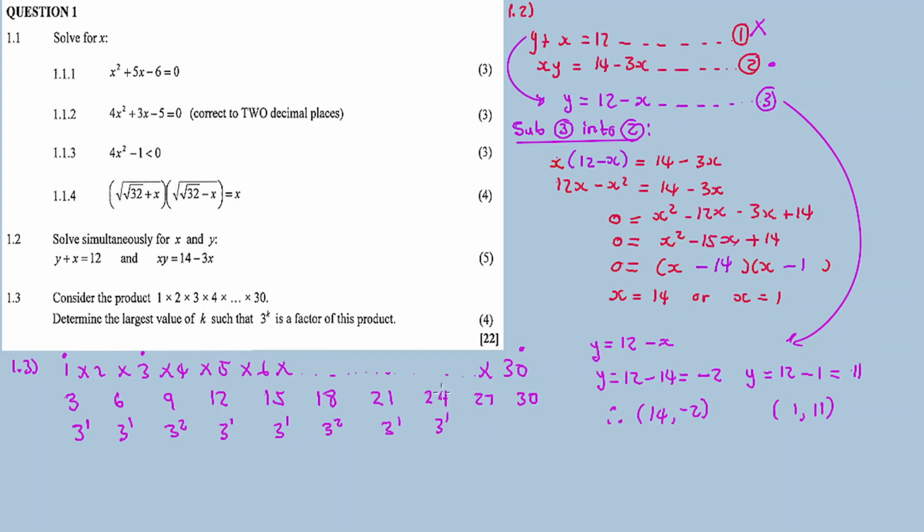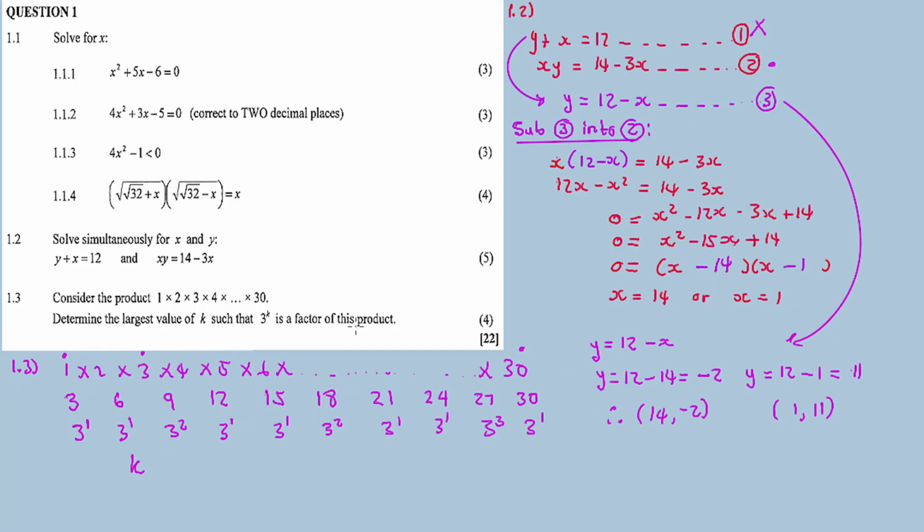And then 27, that's 3 raised to exponent 3. 30 is 3 times 10, so it's 3 to the 1. Therefore, we want the largest value of k such that 3 raised to exponent k is a factor of this product.